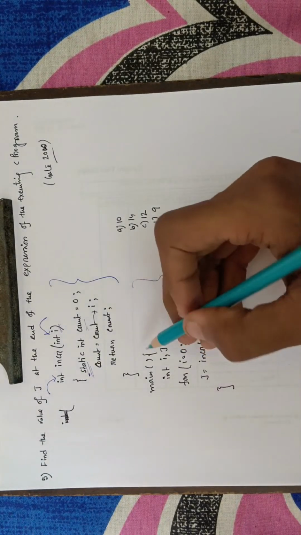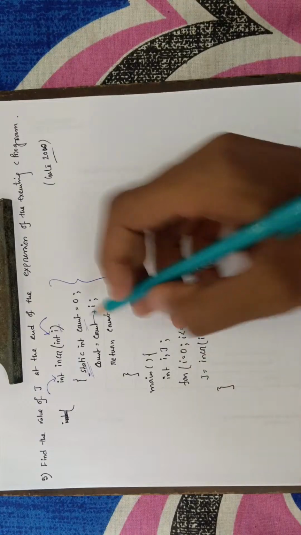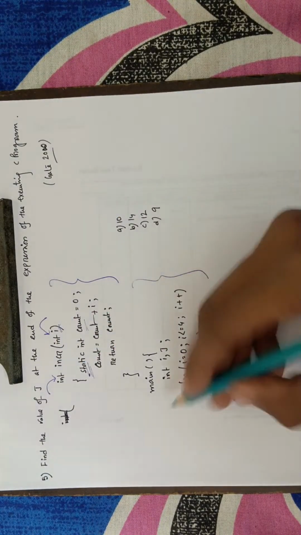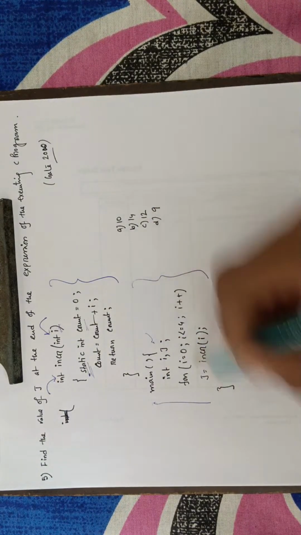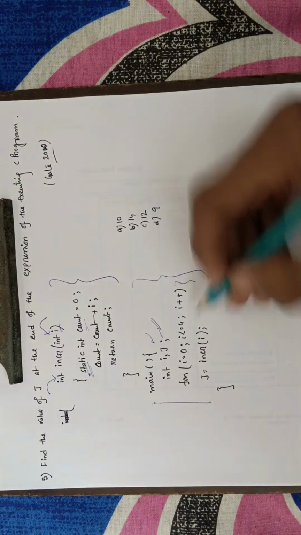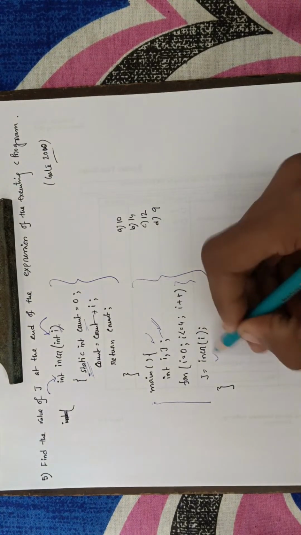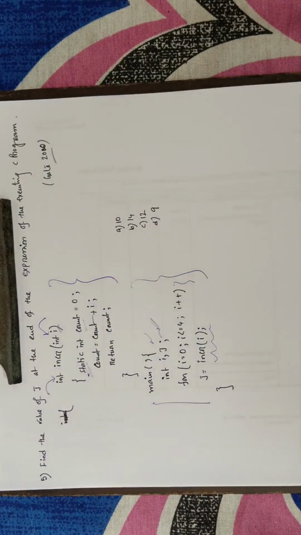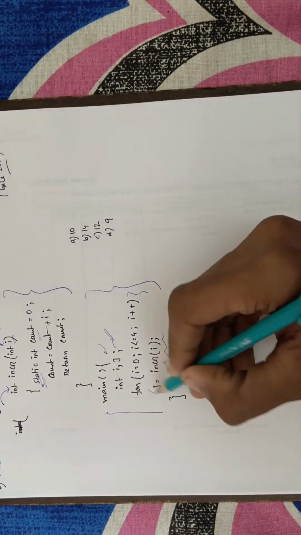The count value is increased by the value of i, and then the function returns the count value. Then a main function is there. In main, i and j are initialized, and then a for loop is there, and the for loop calls the incr function. So at the end, we have to evaluate the value of j.